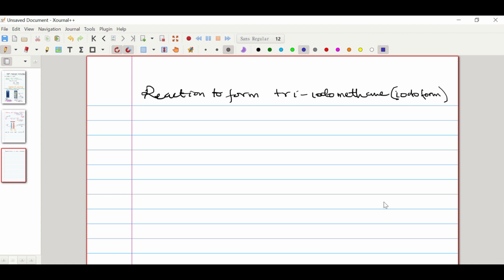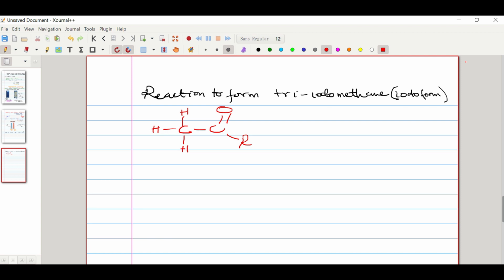It's also a form of test, but it's a test that we use to identify an organic compound that contains methyl ketone. So when I say methyl ketone, this is methyl, CH3, an organic compound that contains CH3, and as well C double bond O that bonds with something. So this is methyl ketone. This one can be anything; I put R here.